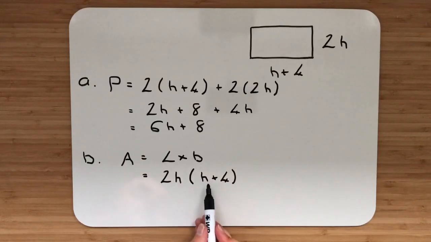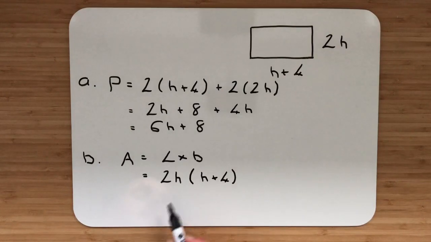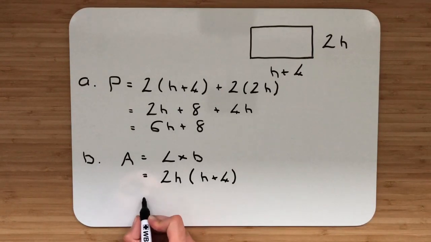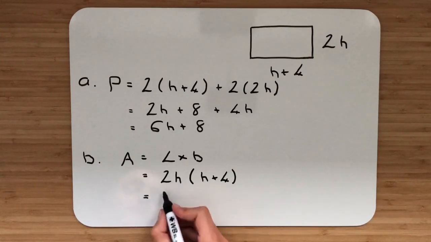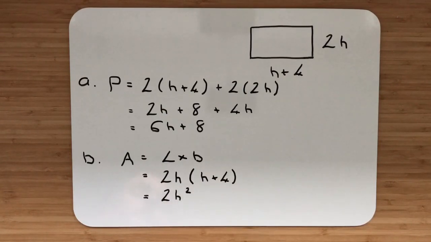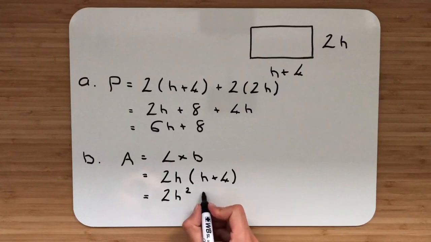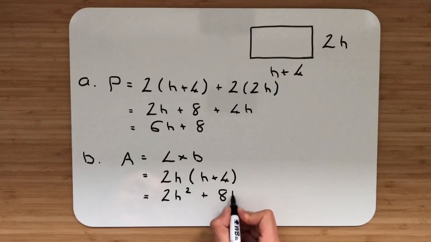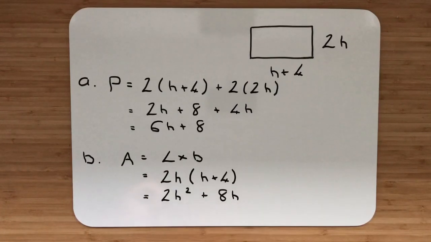When you get something in front of a bracket, that just simply means multiply, so this works easily here for us. 2h multiplied by h is 2h squared. 2h multiplied by 4 is 8h. I cannot simplify these down, so therefore that is my simplified expression for the area of the rectangle.